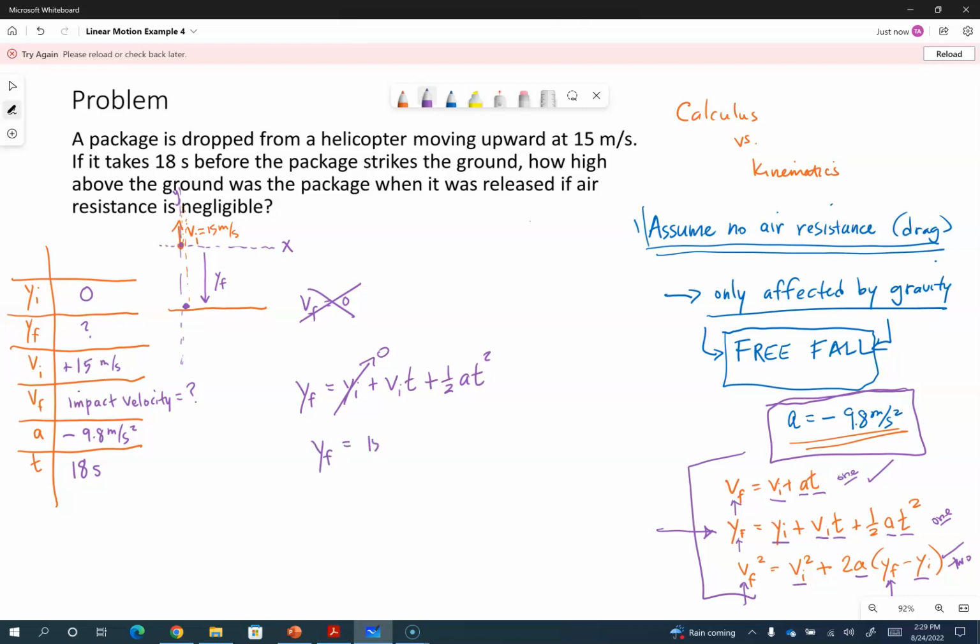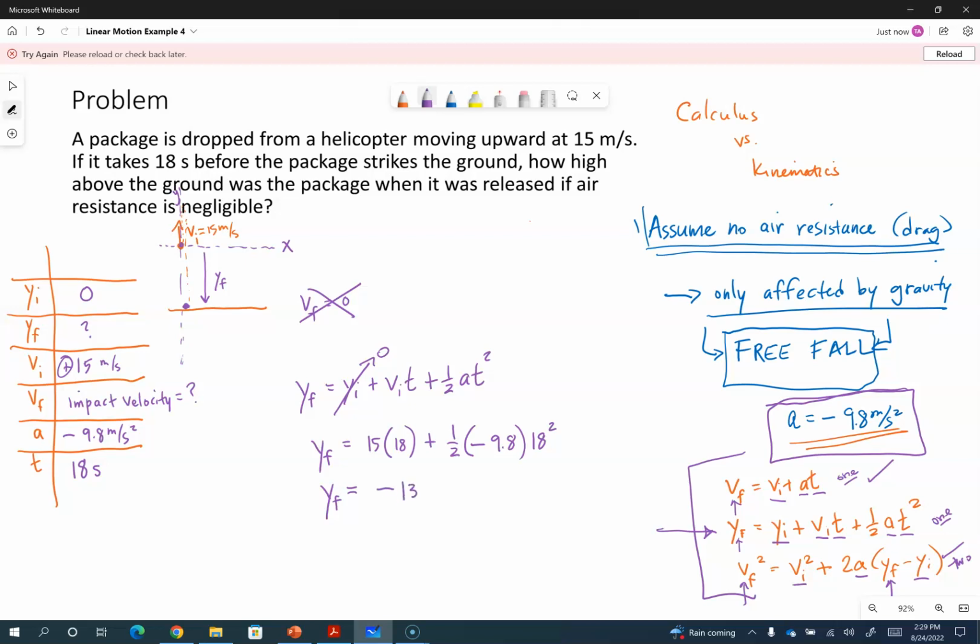So v initial is 15, time is 18. 15, it is positive. I wrote that in the table. You can write that in the equation when you go to plug it in if you want. 1/2. Our acceleration is downwards at 9.8. It's important to have the negative sign on there. And then the time is squared. So we simply need to plug and chug at this point. Just go ahead and put our numbers in and solve.